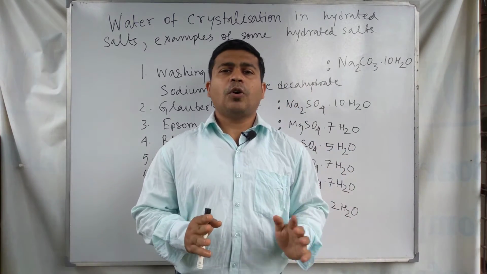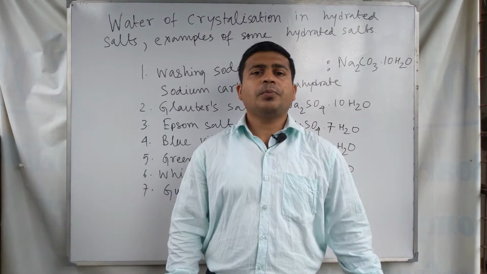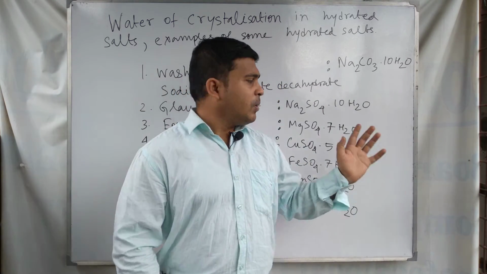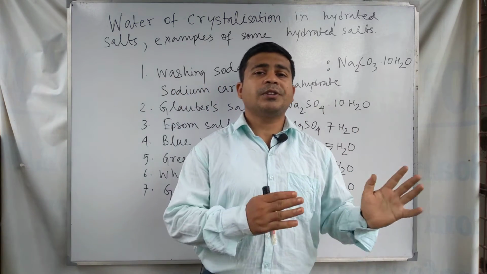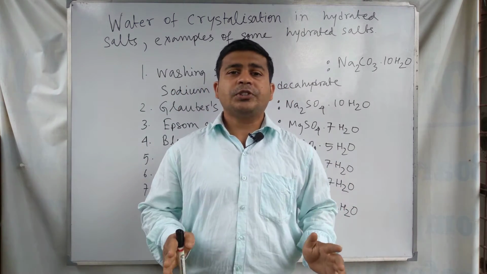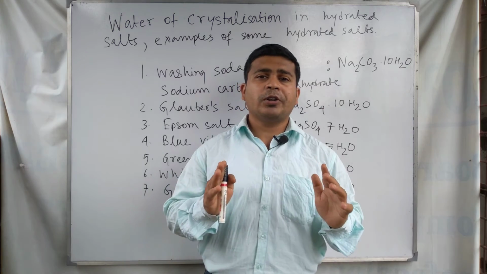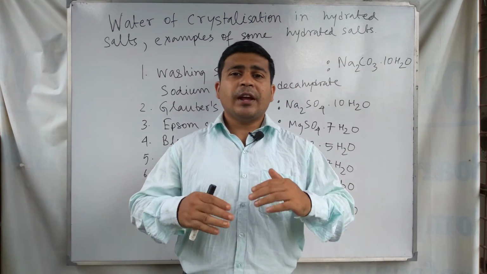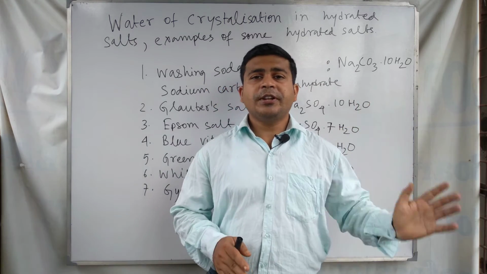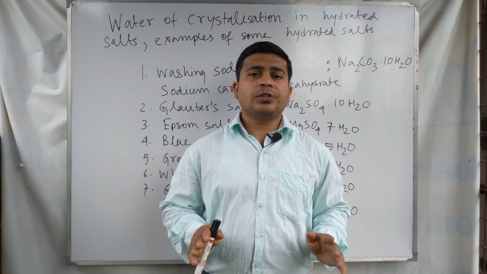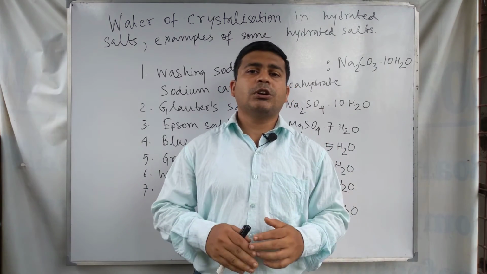So some salts lose their water of crystallization fully or partially at room temperature, and on heating they lose their water of crystallization completely and become anhydrous salts. Anhydrous salt is formed after heating these hydrated salts.